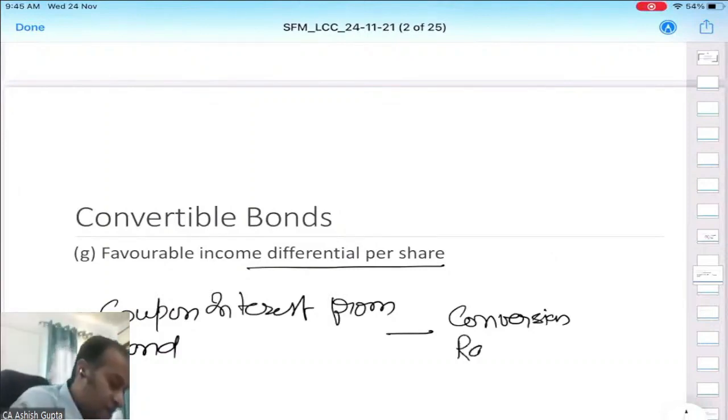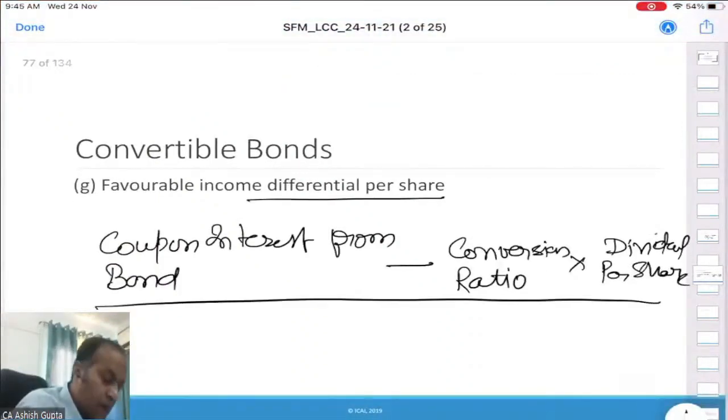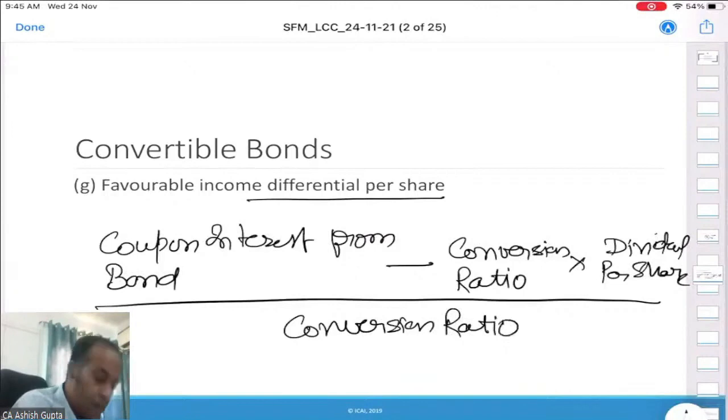So accordingly, what we are losing is a kind of favorable income differential per share.